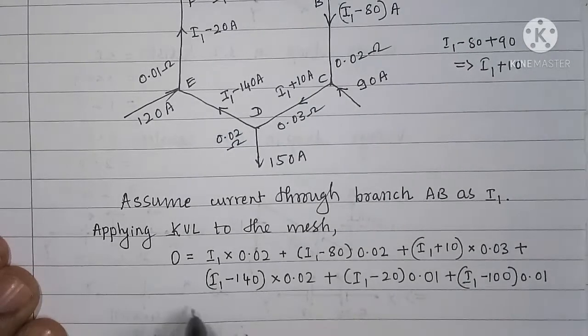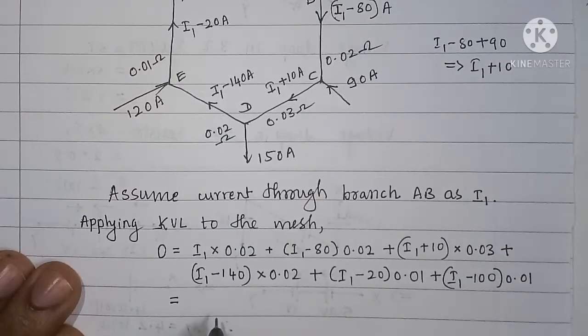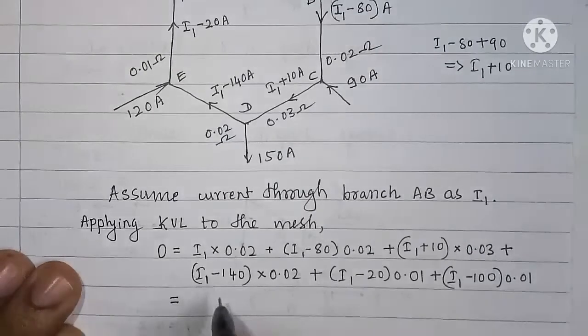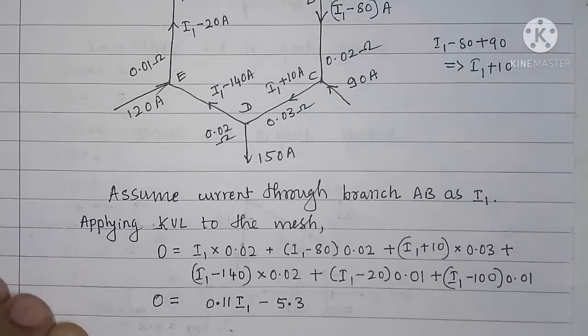Now we have to simplify this. On simplification we get 0.11 I1 minus 5.3 equal to 0.